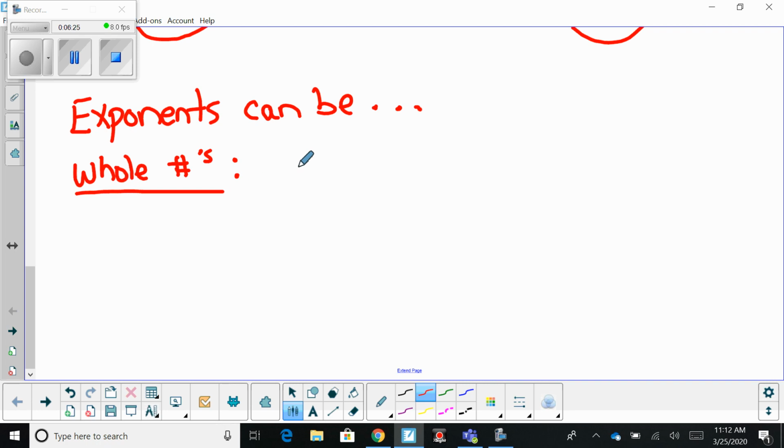If I have an exponent that is a whole number, basically whatever my base is becoming a larger number. 3 to the 4th equals 81. 5 to the 3rd equals 125. 1 to the 5th equals 1. Well, 1 raised to anything is always going to be 1.